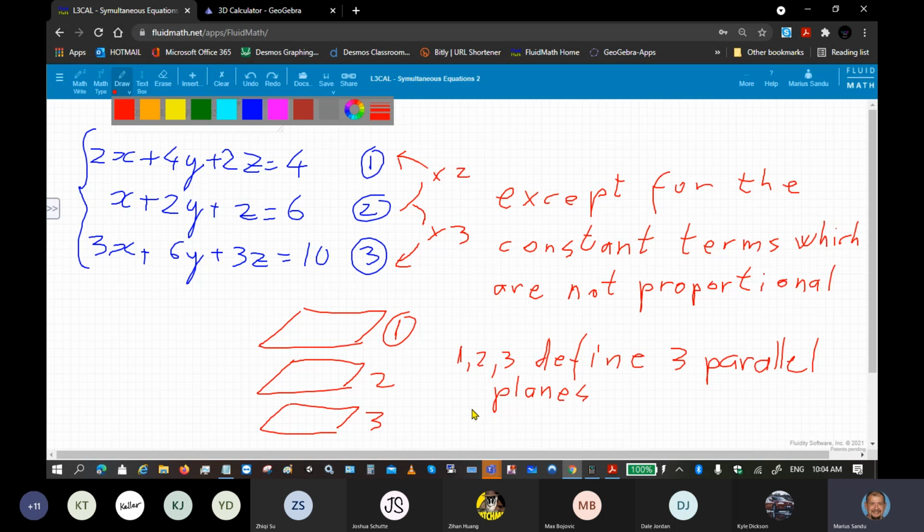If I have 3 parallel planes, how many points of intersection do I have? 0. No point or points of intersection.